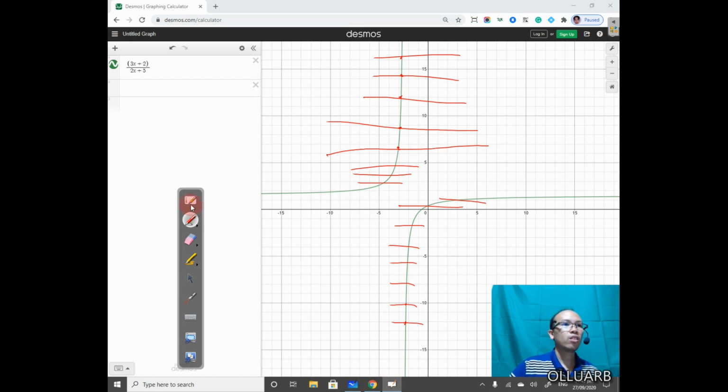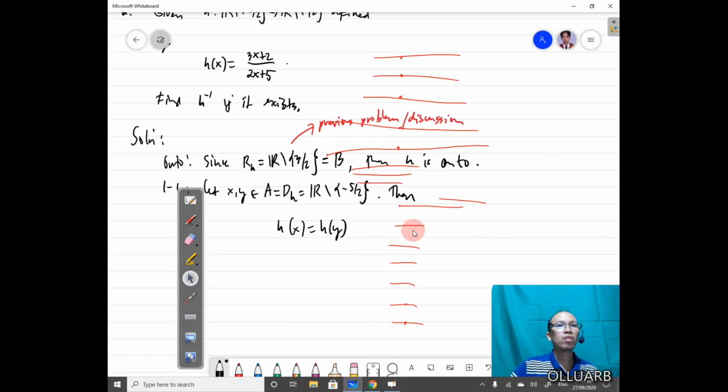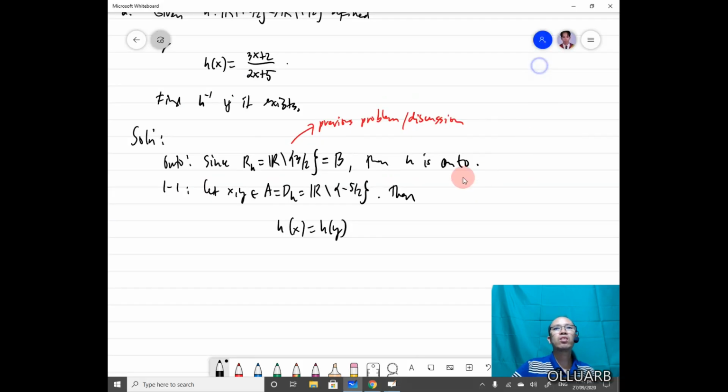Since this is one-to-one based on the graph, and as I've told you, by using the horizontal line test, you cannot use it as a proof or in the solution that the given is a one-to-one function.